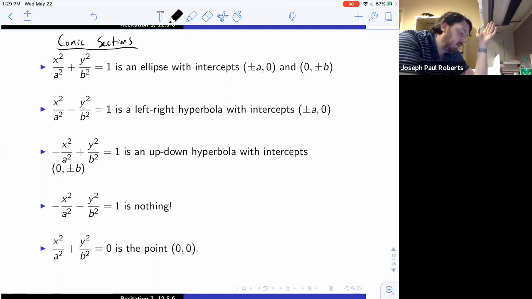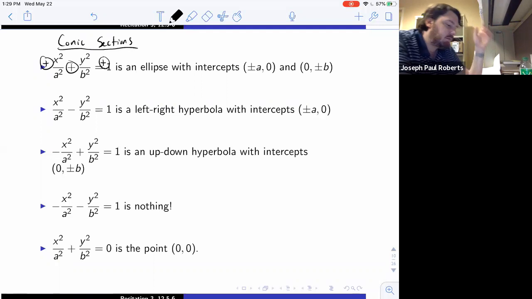If you have plus, plus, plus, then you end up getting an ellipse. An ellipse is just a fancy way of saying a squished or stretched circle or oval shape. You could set either x or y to 0 to find the intercepts. Basically this a and b control how wide it is: a determines how wide it is, b determines how tall it is.